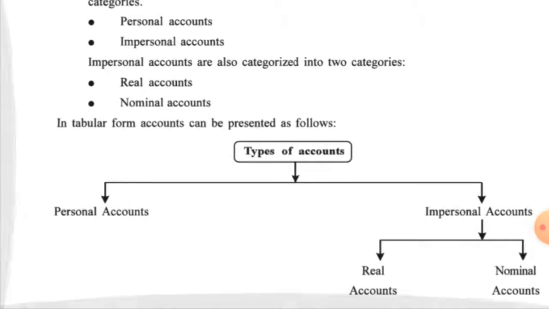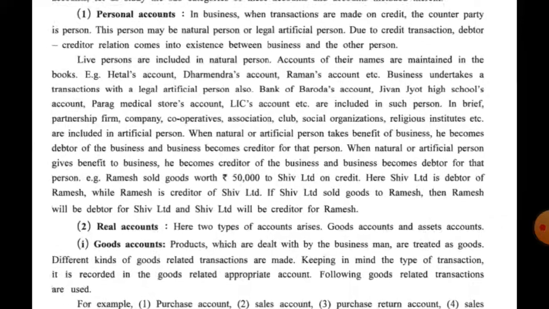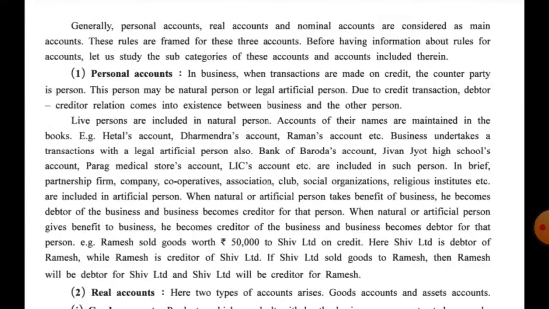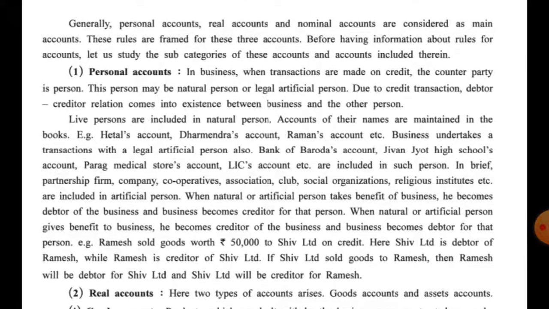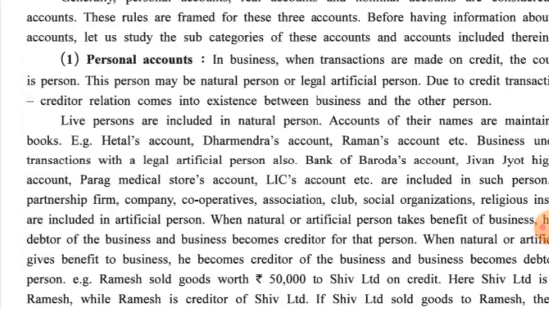Now, after understanding the classification of accounts, let us understand in detail what personal accounts, real accounts and nominal accounts are. As you can see on your screen, in business when transactions are made on credit, the counterparty is a person.